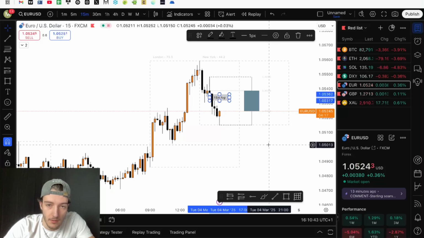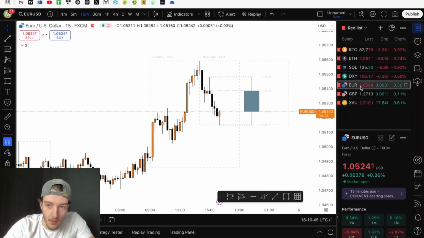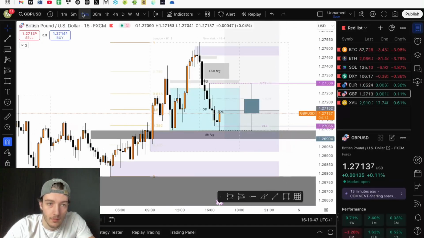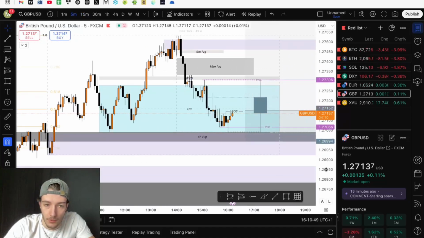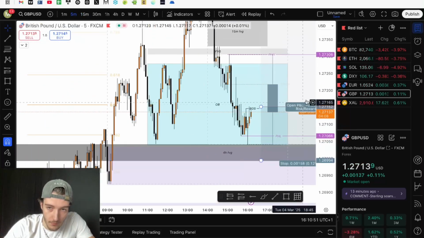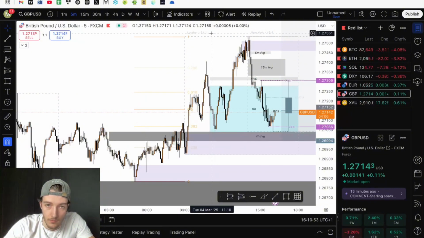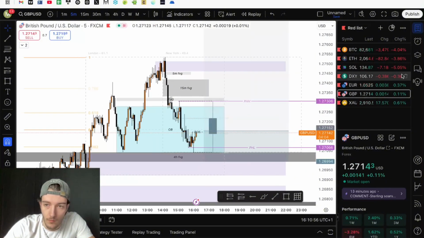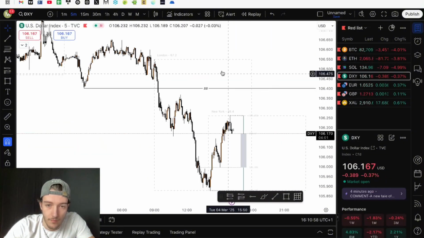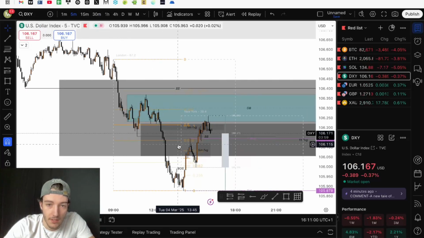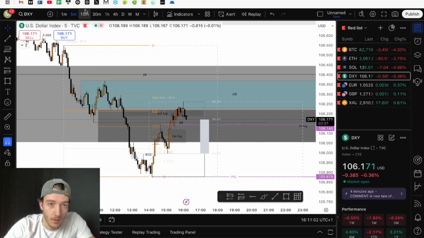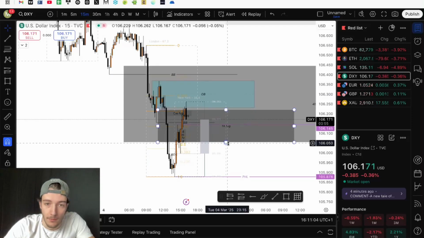That would be nice. Another could be obviously a 5-minute break of structure on GU. But this looks very good so far. That was what I've been waiting for.